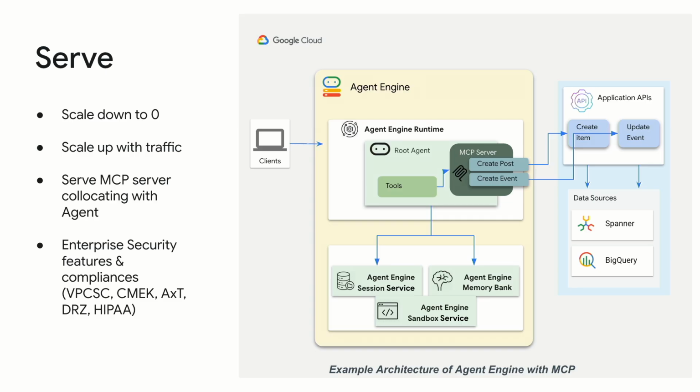This example diagram shows an agent securely interacting with backend data sources like Spanner or BigQuery via the MCP server, co-located with the agent inside the Agent Engine runtime. And this agent uses the Agent Engine Session Service and Memory Bank for data storage, and uses the sandbox for code execution.